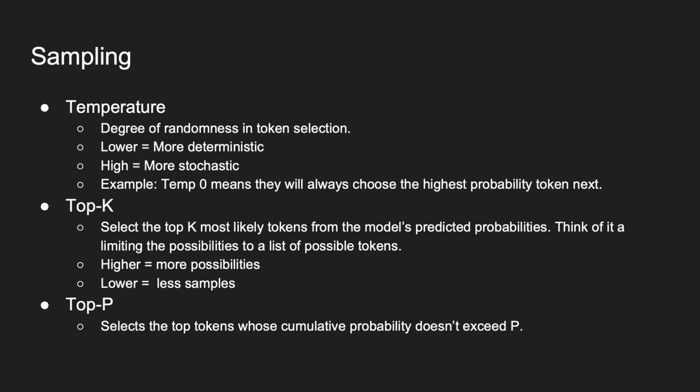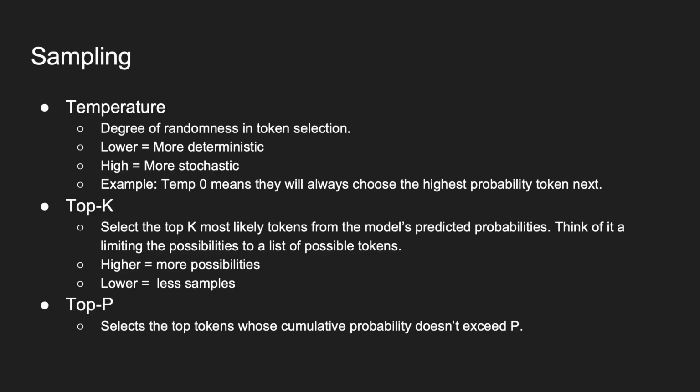So sampling, right? We're going to learn a little bit later about hallucinations, specifically how AI can hallucinate. But just know that these are some knobs you can turn when working with AI models. Temperature, right? A zero temp means that it'll always choose the highest probability token next. Top K, right?